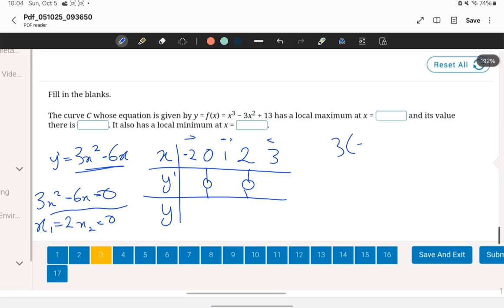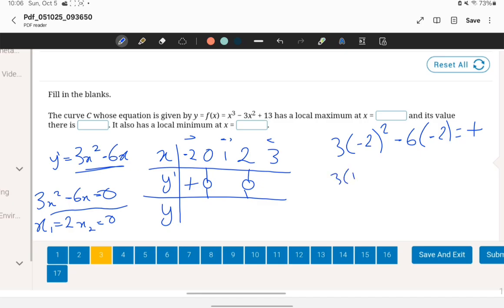So 3 times (-2) squared minus 6 times (-2). Multiply and simplify, and in the end you get a positive number. Again, we don't care about the actual number, we just care if it's positive or negative. Then do the same thing with 1.